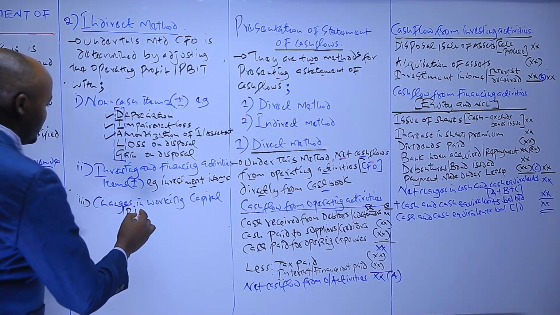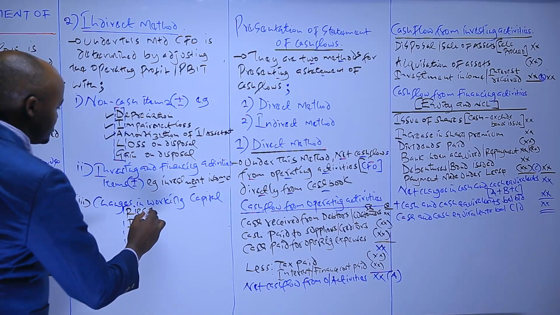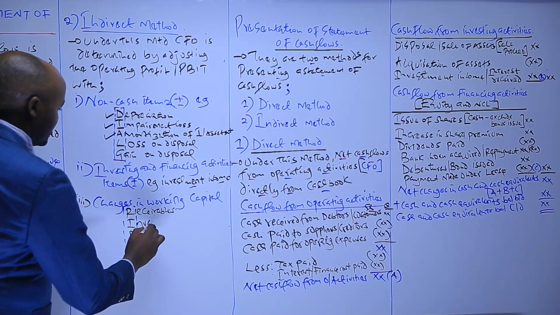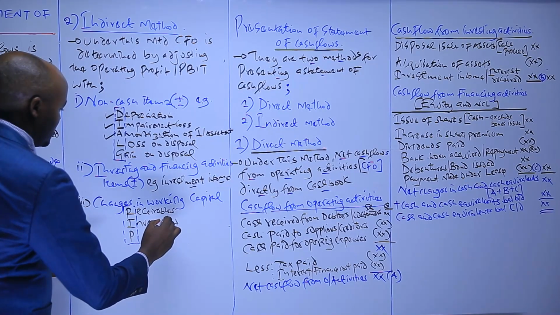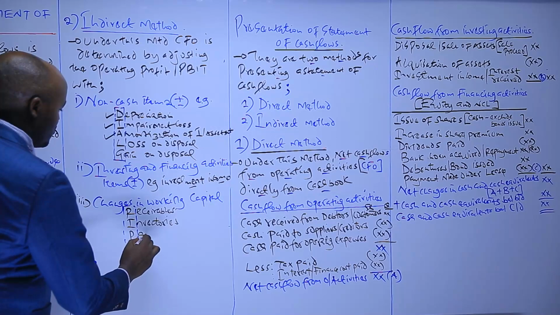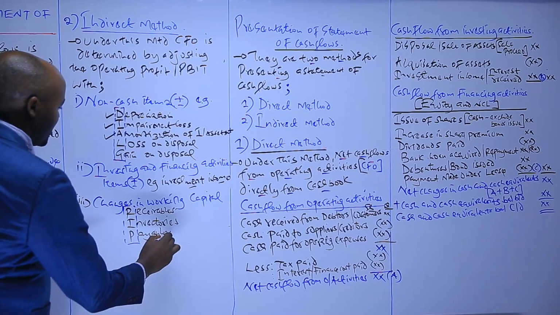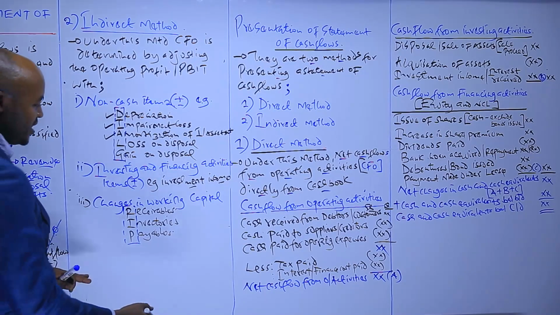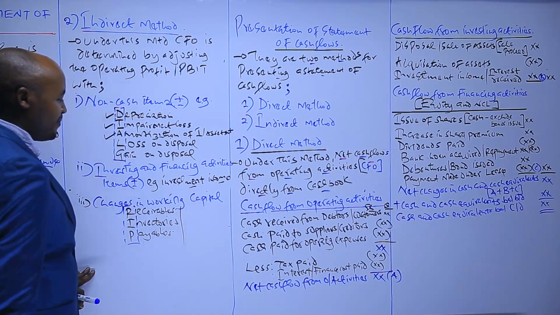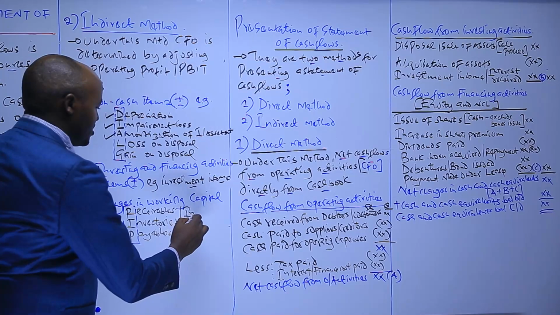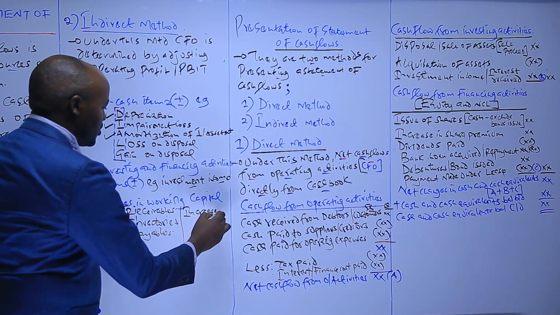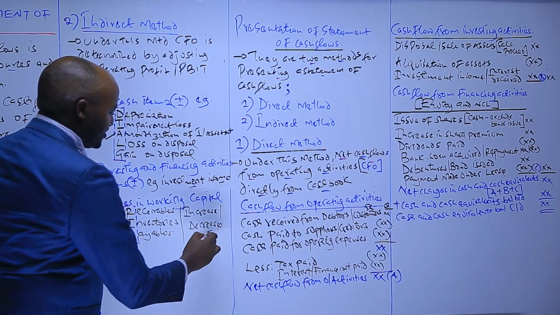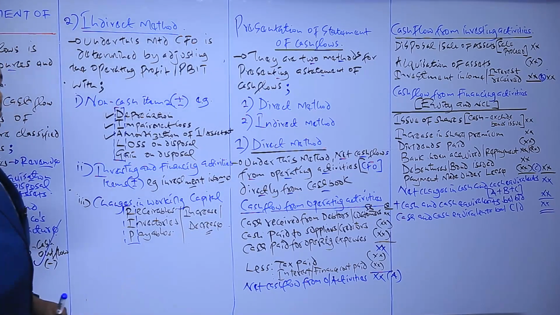So R here stands for receivables, I stands for inventories, and then P here stands for payables. So these are the items of working capital which you consider, and what you do here is that you have to determine, was there an increase or decrease as far as these three items of working capital are concerned.